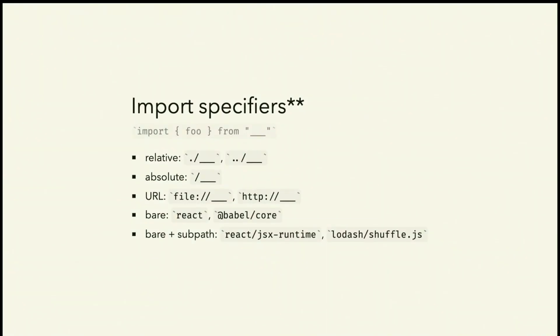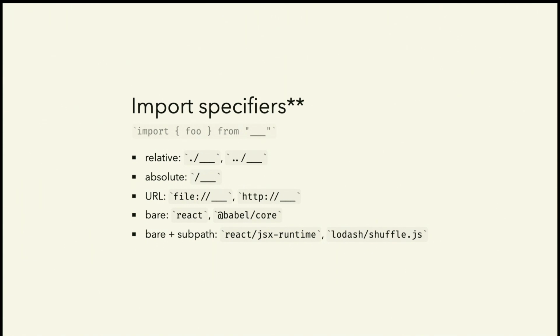And the bit about import specifiers. The specifier is the thing which you import from. So when you have import foo from blank, the blank is the import specifier. You can have relative import specifiers, which start with a dot slash or dot dot slash. You can have absolute, like slash something. You can have URLs, like http, https, file.